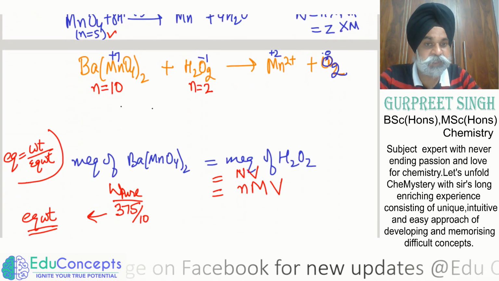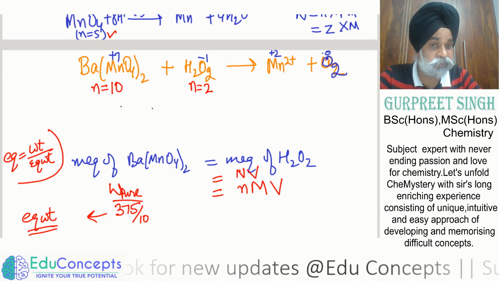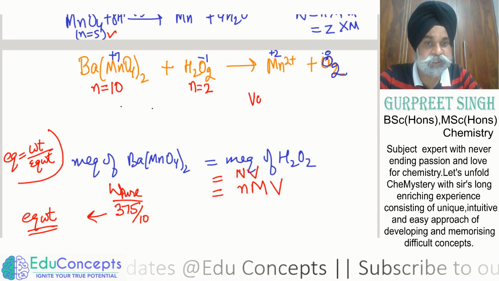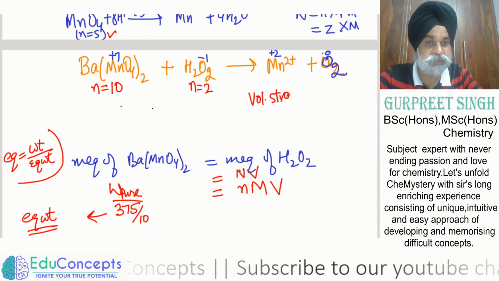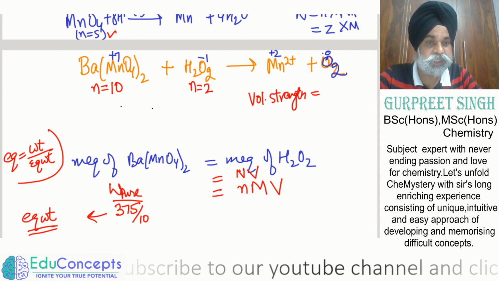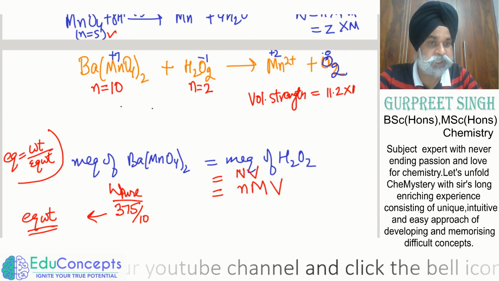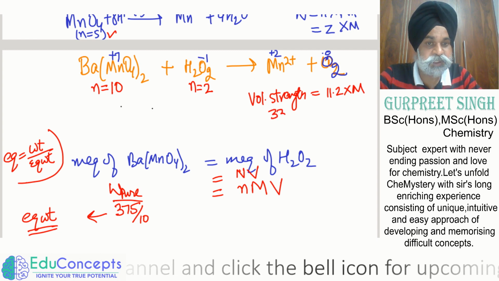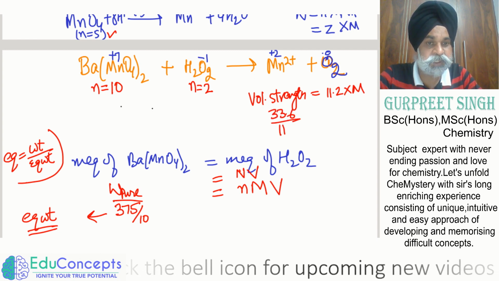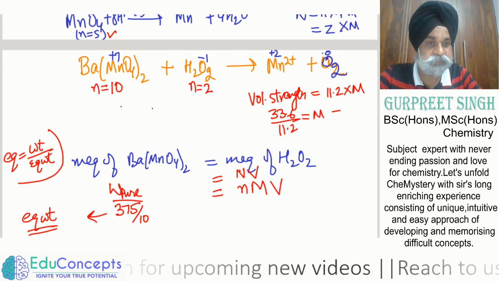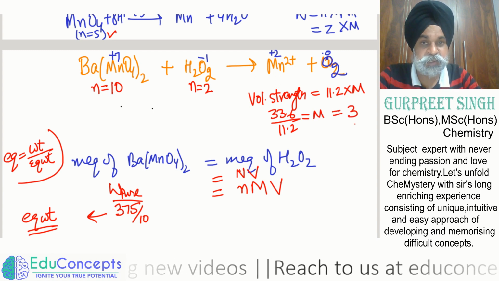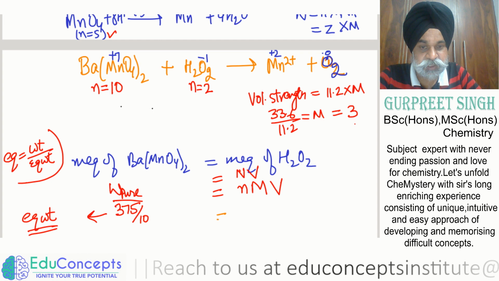तो अब इसको हम simply कर सकते हैं. We just don't want to waste time and we will simply say, as the sir has told, that volume strength could simply be found like 11.2 into molarity. So 33.6 divided by 11.2 is the molarity, which happens to come out to be 3. तो हम यहाँ पर अब चीजें डाल लेते हैं.